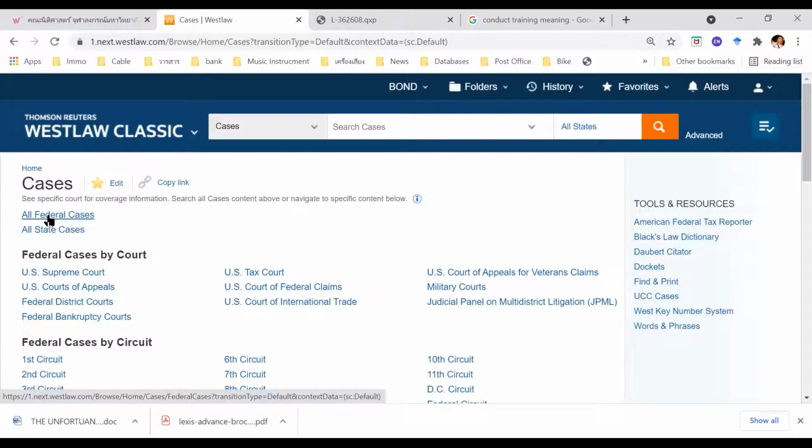But if you are not sure and you don't want to narrow the scope, can I select both? Of course. You look at that, cases. You can start by searching federal cases or any state cases. The cases start with the trial courts or district courts first.